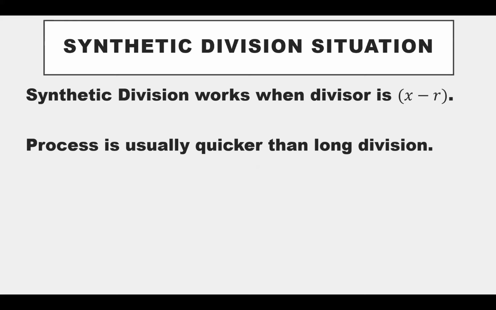Synthetic division is only going to work when the divisor is of the form x minus a real number. Technically you can do this with complex numbers as well, but in our class we do it with real numbers.